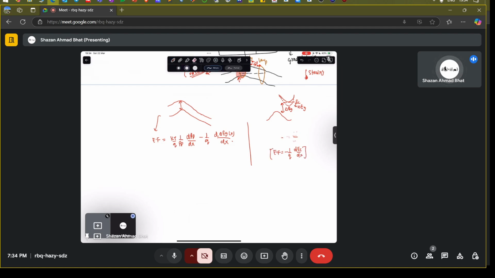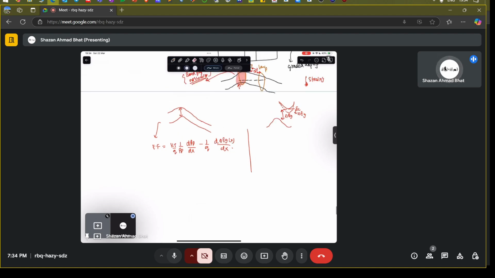Okay, let's not confuse you here. What I'm trying to say is that you have an additional effect because of the band gap narrowing coming into the picture, which reduces the overall effect.